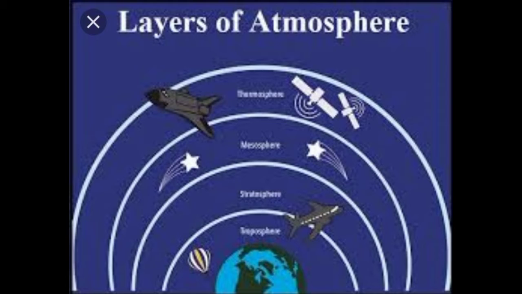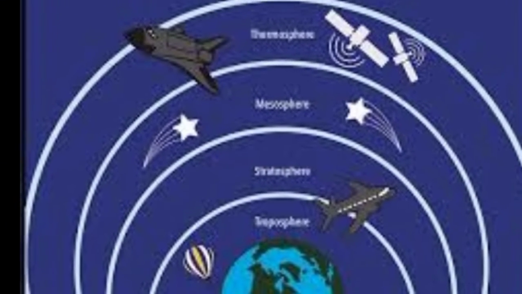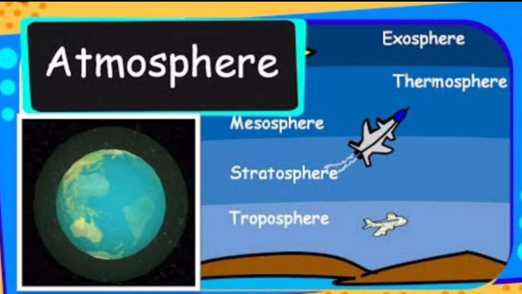Atmosphere is divided into 5 different layers. The first one, troposphere. The troposphere is the lowest layer of the atmosphere from the sea level. It extends up to about 10 kilometers.